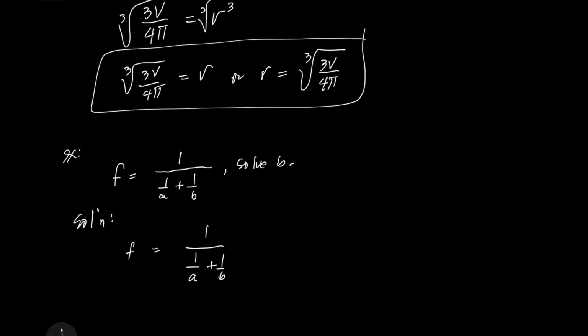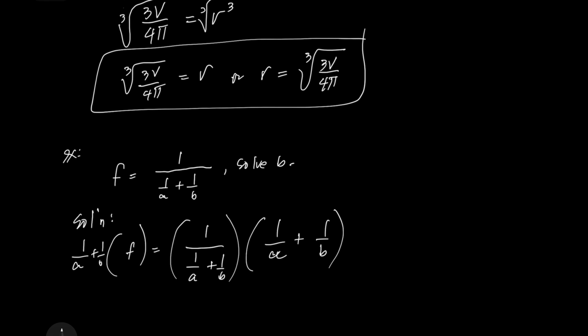Take note, this 1 over a plus 1 over b here is the denominator of 1. So we can just multiply 1 over a plus 1 over b to eliminate this denominator here. So that makes it f over a plus f over b equals 1.